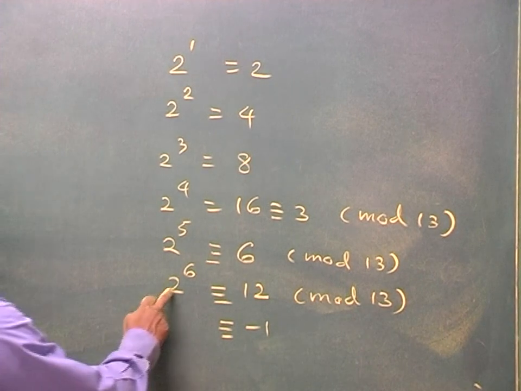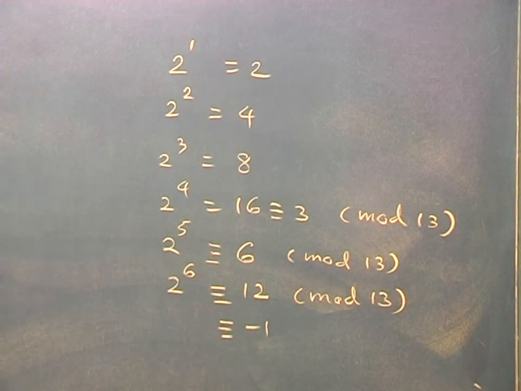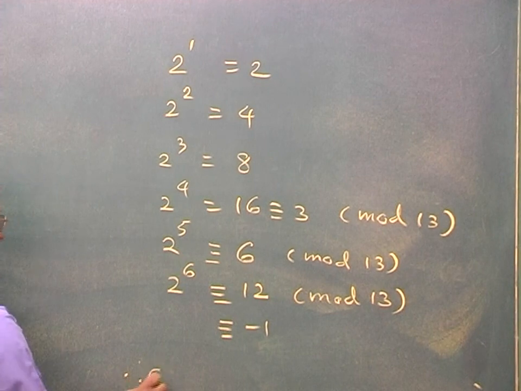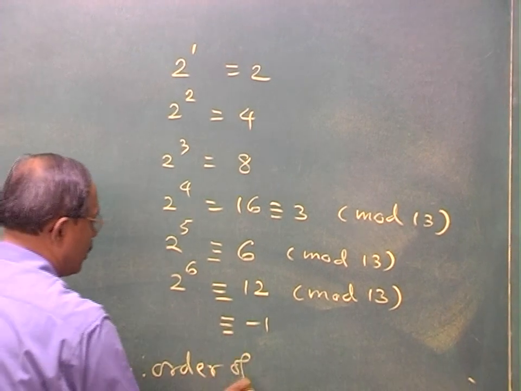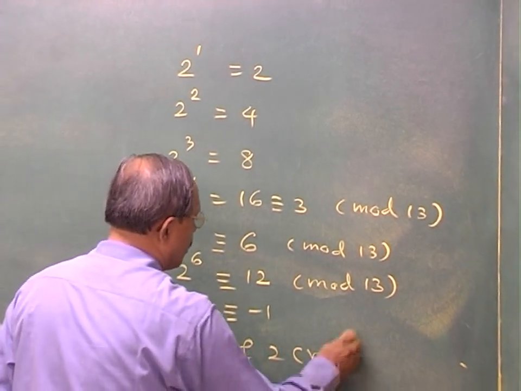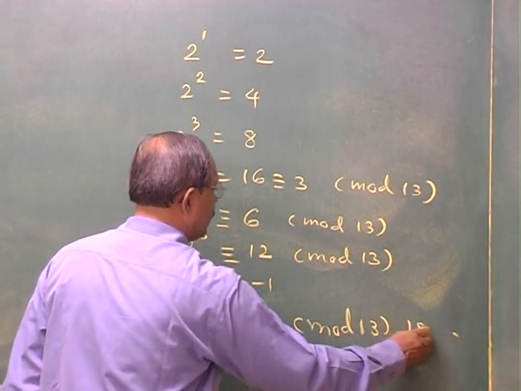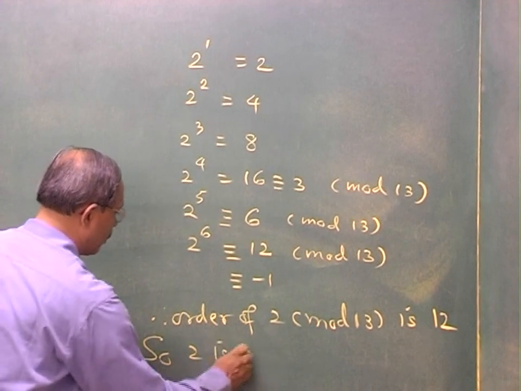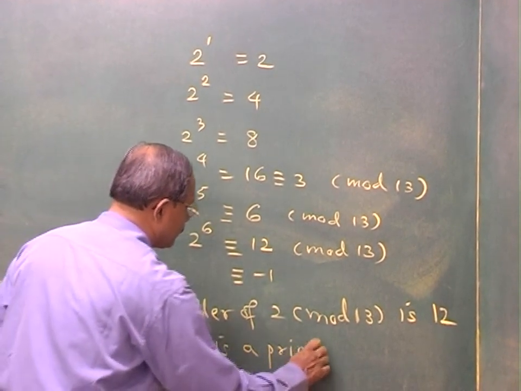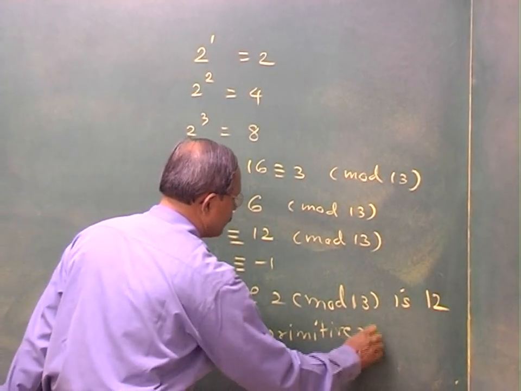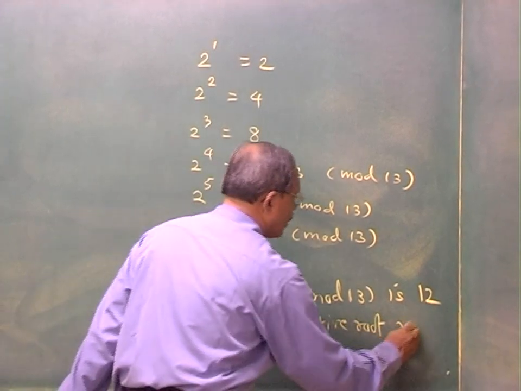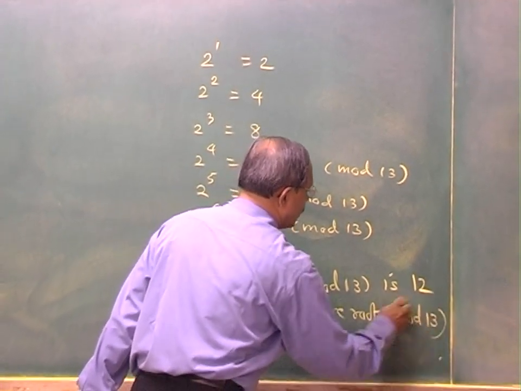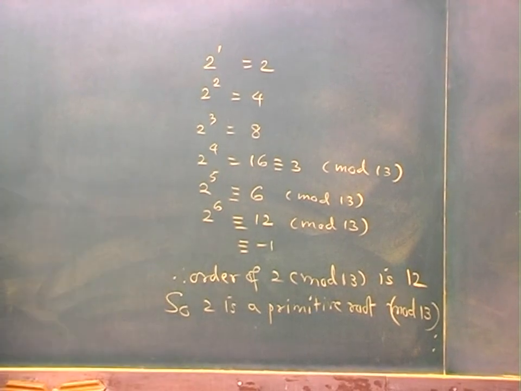And 2 raised to 12 is plus 1. So the order of 2 mod 13 is 12. So 2 is a primitive root mod 13.